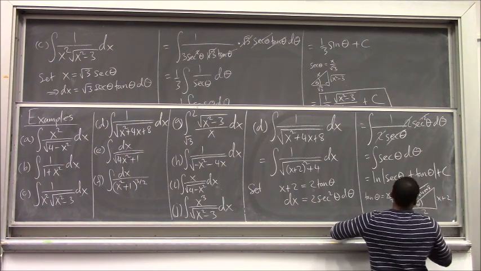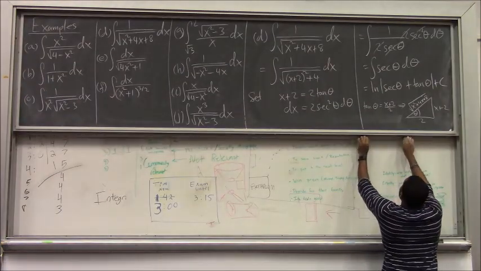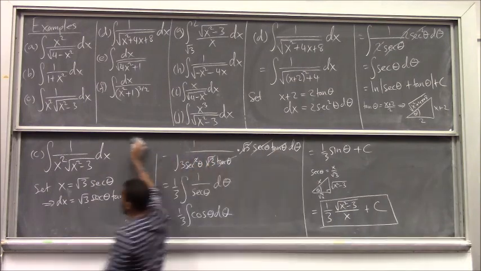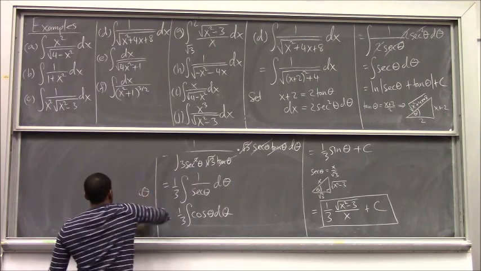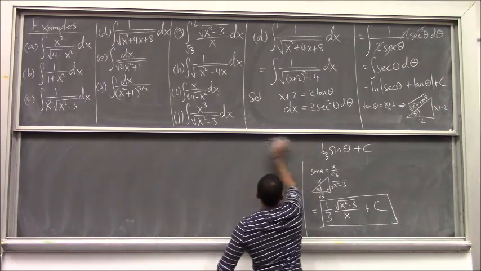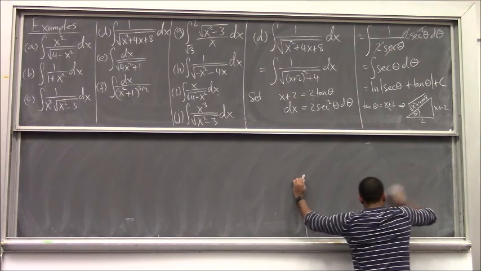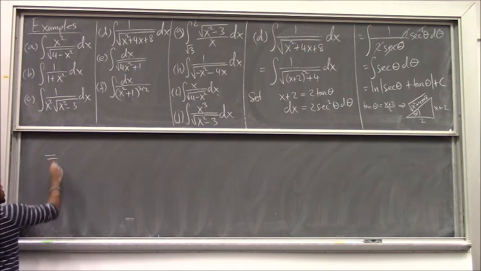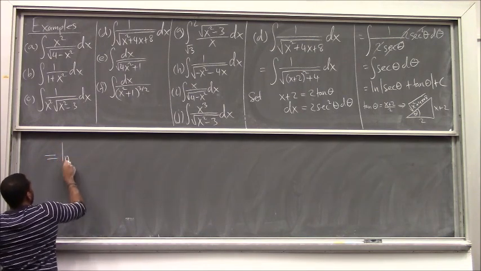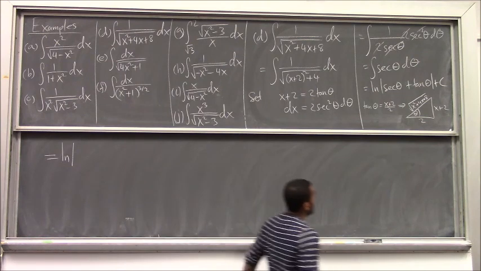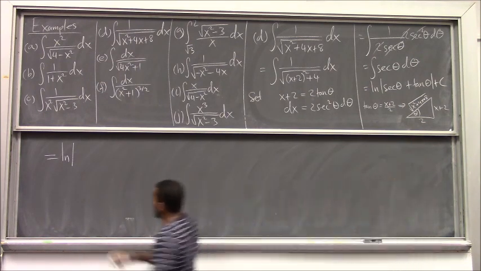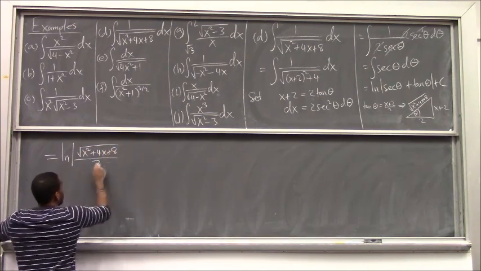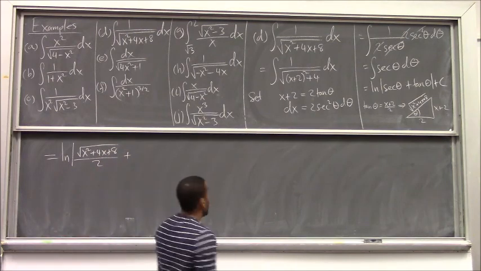So now write this in. It's going to be ln of the secant. Now secant is going to be hypotenuse over adjacent, and tangent is going to be opposite over adjacent.